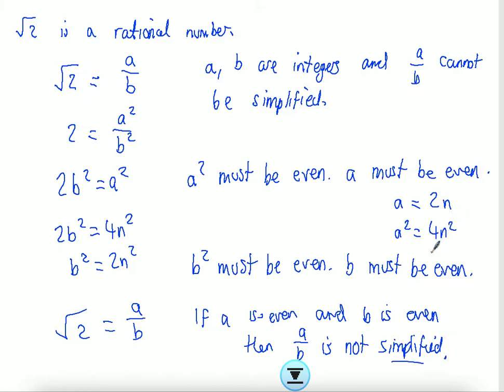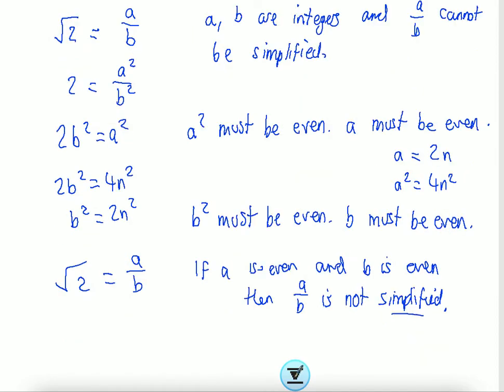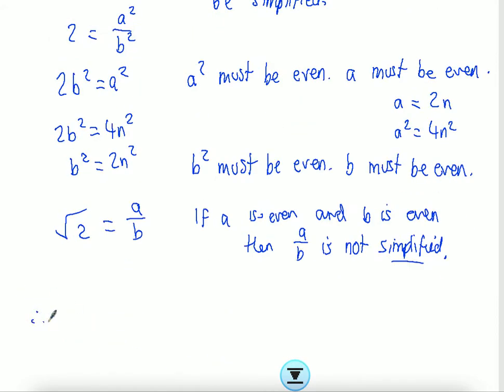And if it's not simplified, it means that it is a contradiction to this statement here. Since we've contradicted that statement, therefore root 2 is irrational by contradiction.